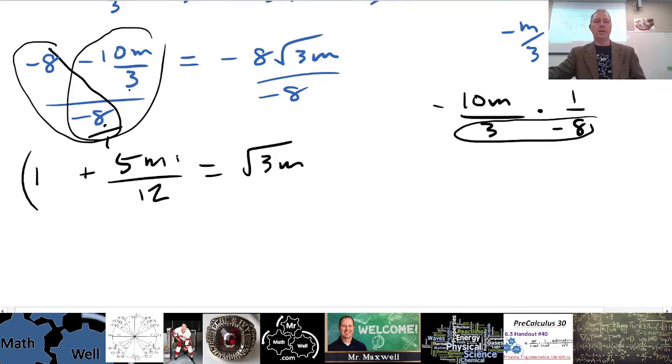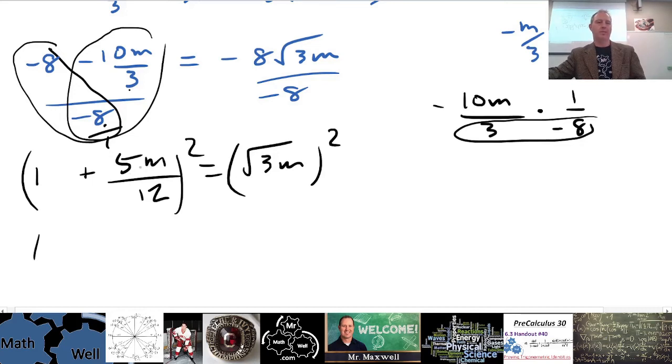Now we'll square both sides. Actually, you could have multiplied everything by 12 too to get rid of a fraction if you care, but that's okay. So this is going to be 1 plus 5m over 12 plus 5m over 12. So that's really going to be plus 10m over 12, I guess, right?